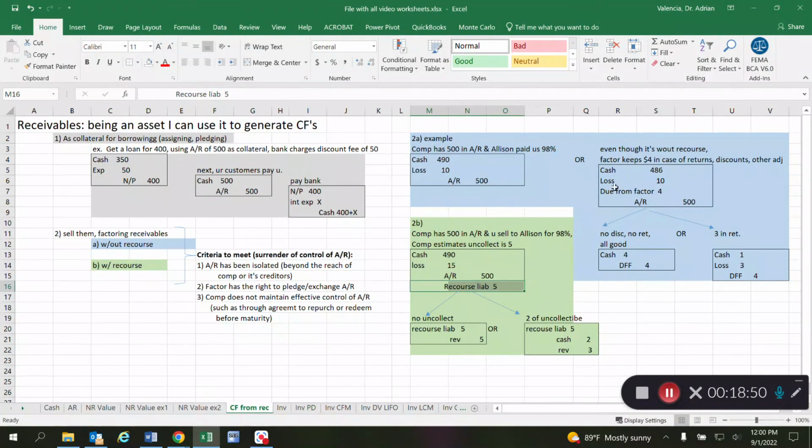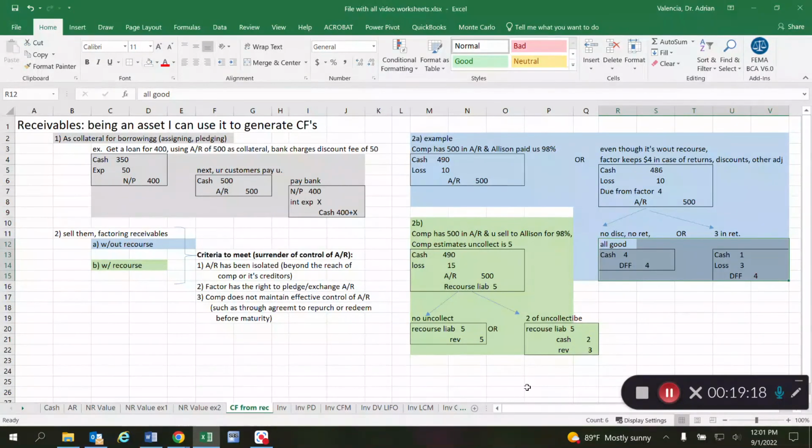So if you had to combine this concept in here, it would be due from factor 4, and then the cash inflow would be 486. And the same discussion here would apply later on in the future. And you can treat these two things separately. This is an issue dealing with uncollectability, the recourse liability, and then this is a separate issue dealing with potential returns or discounts or adjustments.